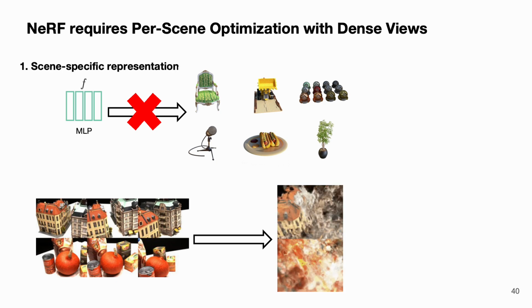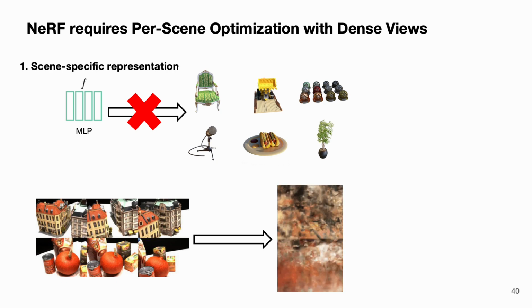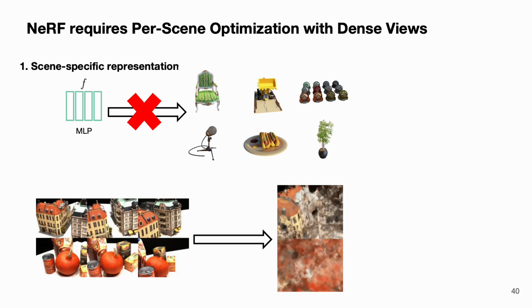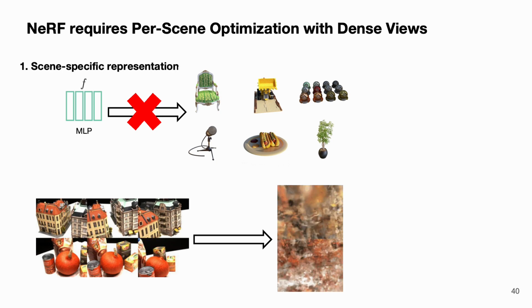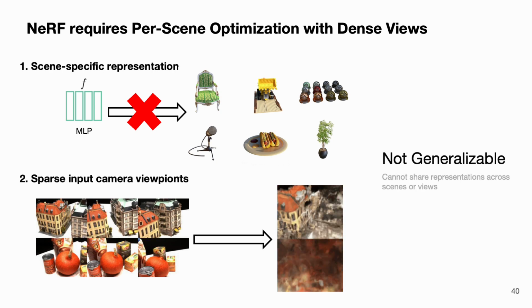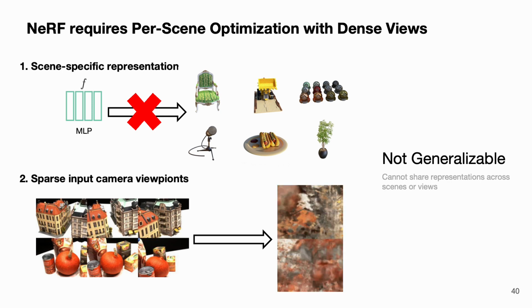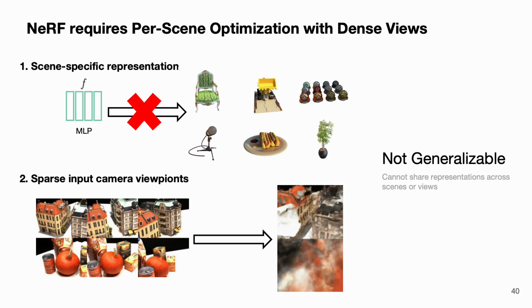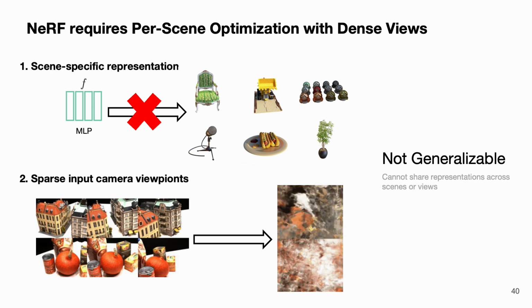And secondly, if the input camera viewpoints get sparse, for example, let's say we have only 3 images as input, the reconstruction results are very unsatisfactory. We generally call these two properties not generalizable. It means that it cannot share representations across scenes or views.